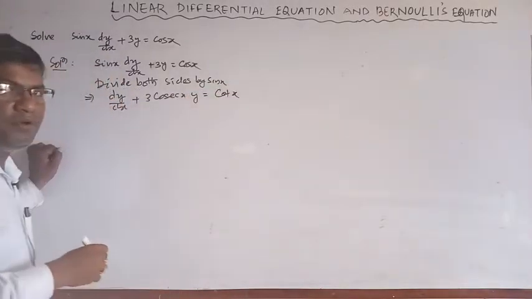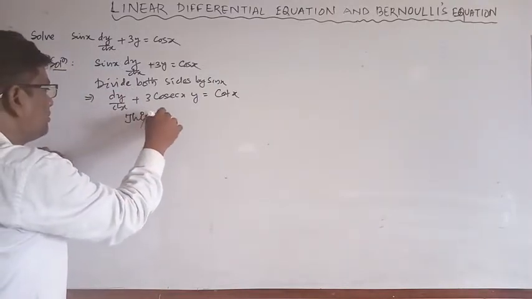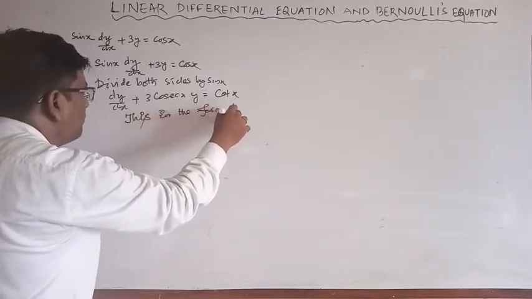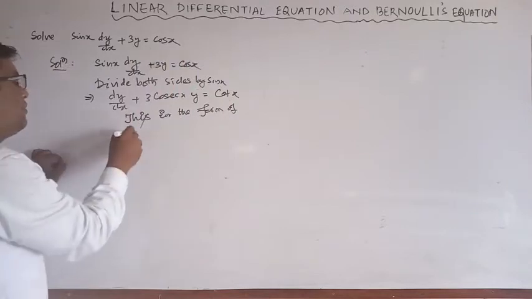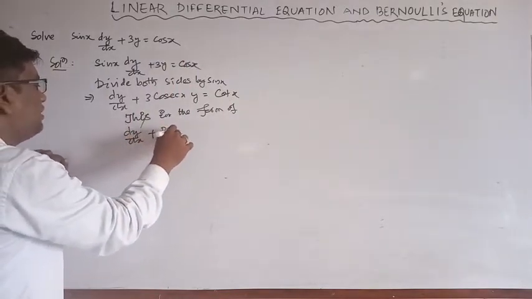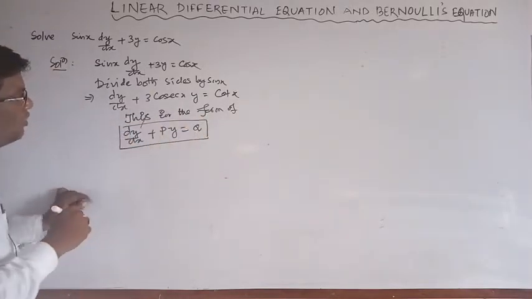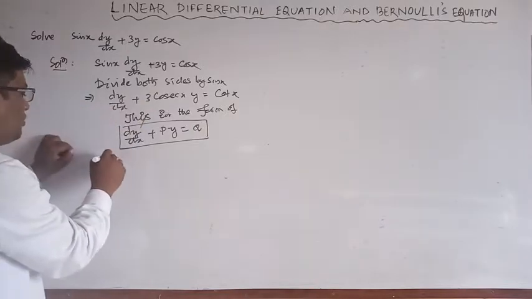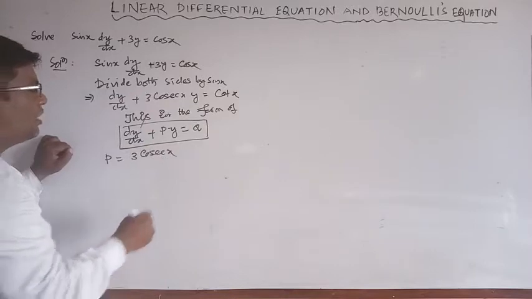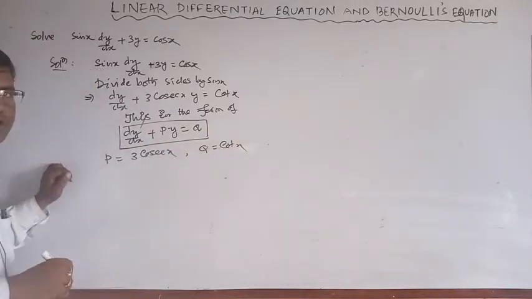This is in the form of dy by dx plus p into y is equal to q. So what is p here? p is equal to 3 cosec x, and q is equal to cot x.